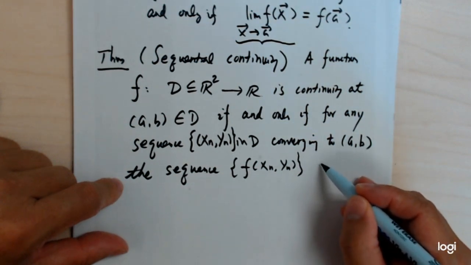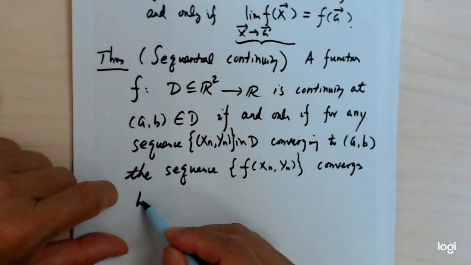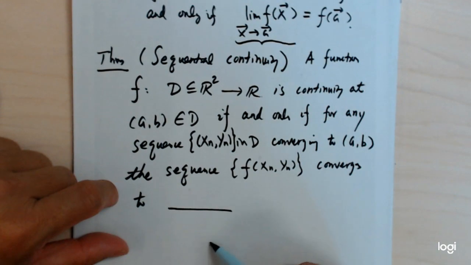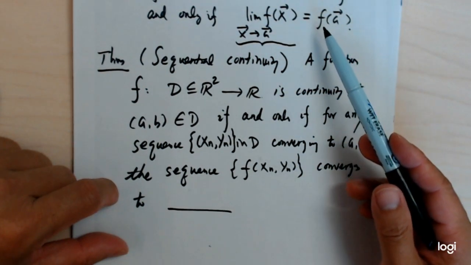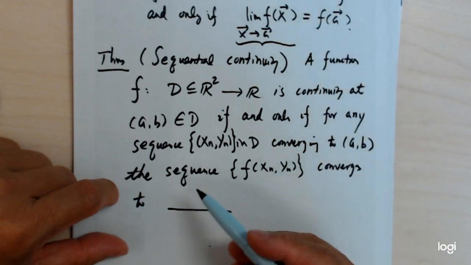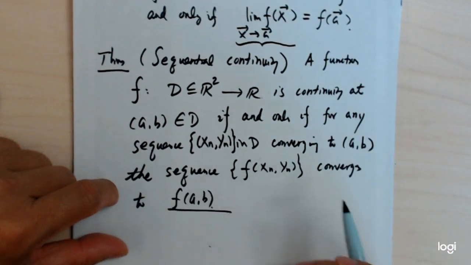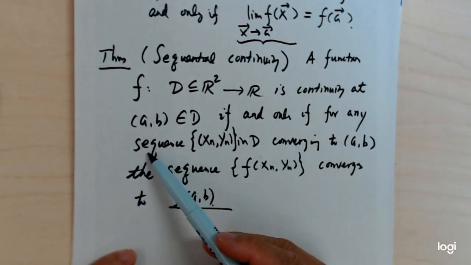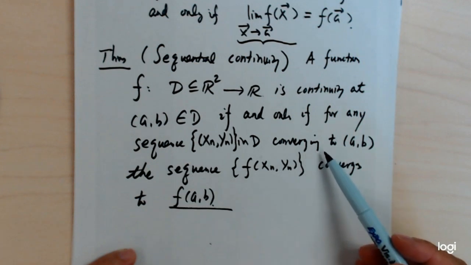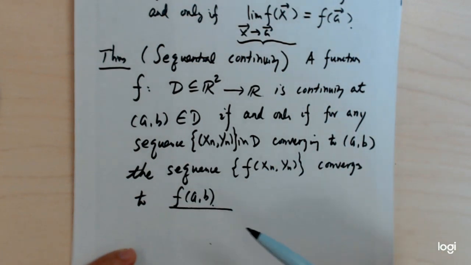And this sequence converges to the limit, which is supposed to be the function's value at that point. In this case, it's just f of (a, b). So once again, the key here is for any sequence that converges to (a, b), you plug that in, and that is supposed to converge to f(a, b).